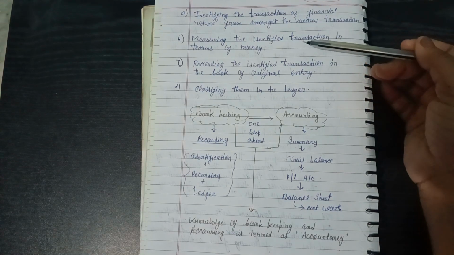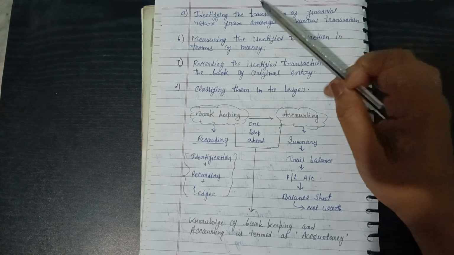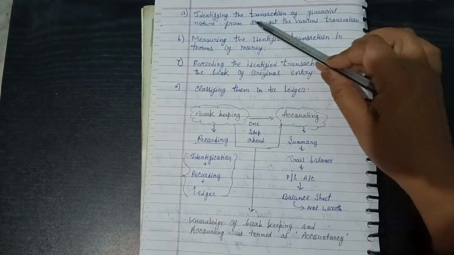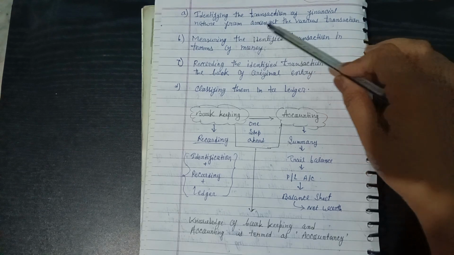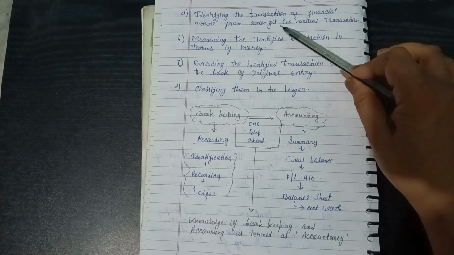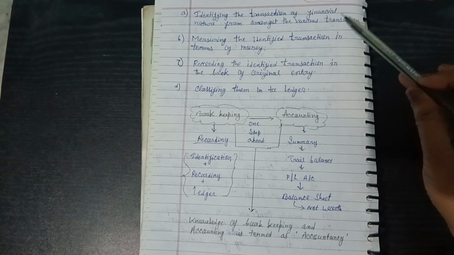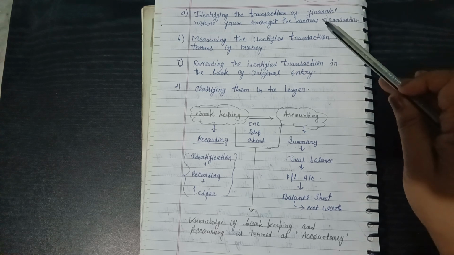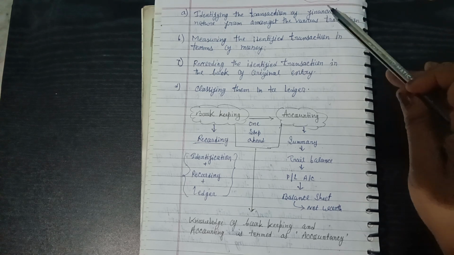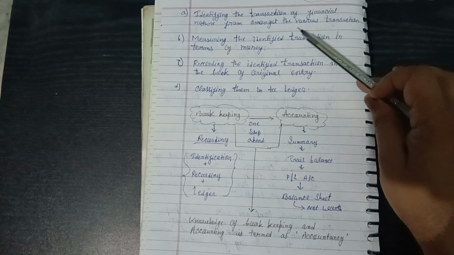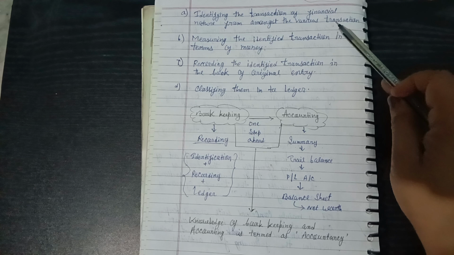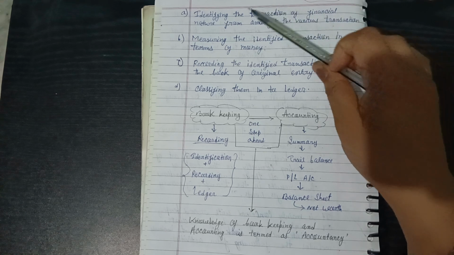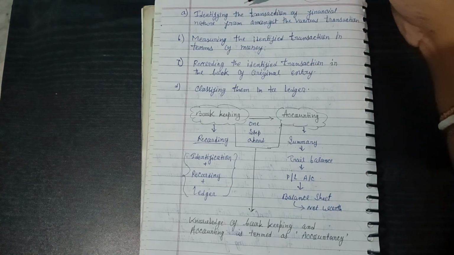So what are the four activities of bookkeeping? First, identify the transactions of financial nature from amongst the various transactions. Always those transactions that are related to financial nature are included in bookkeeping or accounting. So first, in bookkeeping they identify the transaction.